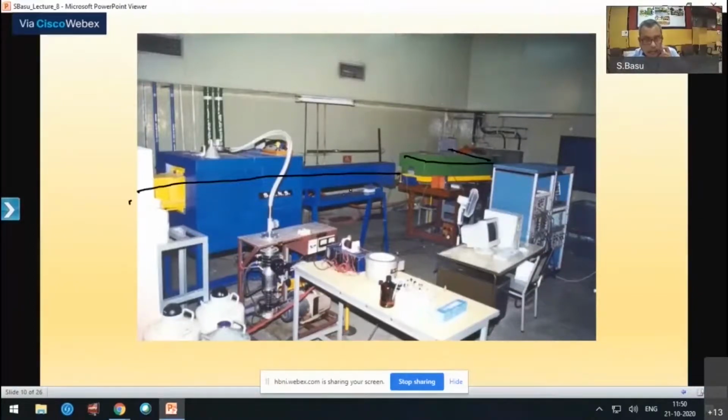This is an old photograph, my apologies for this. We use not a monochromator today, but what is known as a velocity selector to select the neutron wavelength. A little bit of comment on that.